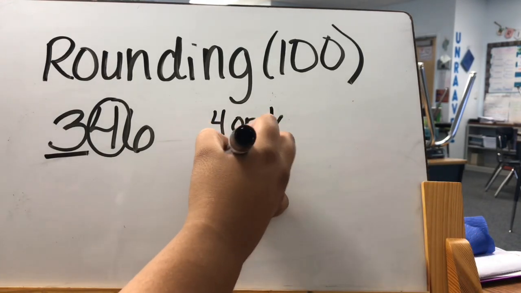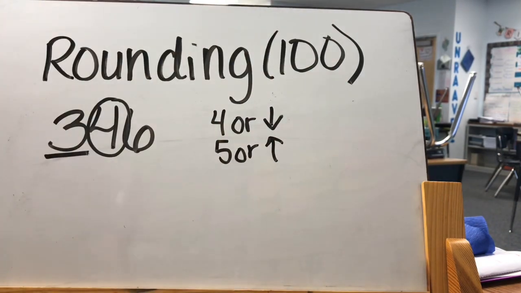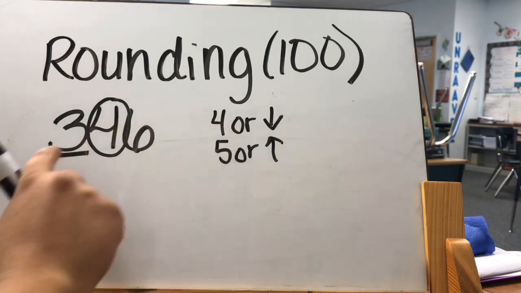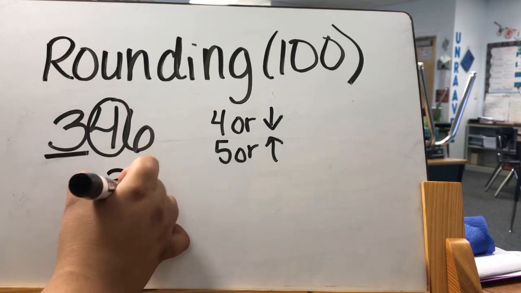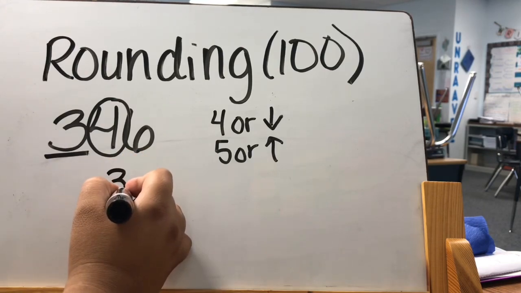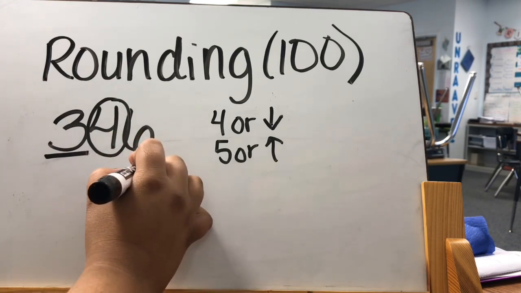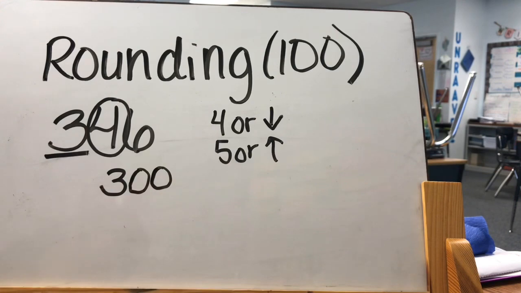If the number is 5 or higher, the number increases by 1. So since the number is 4 or below, the hundreds value in this case is going to stay the same. We leave it at 3. And then the rest of the values turn into zeros. So 346 would round down to 300.